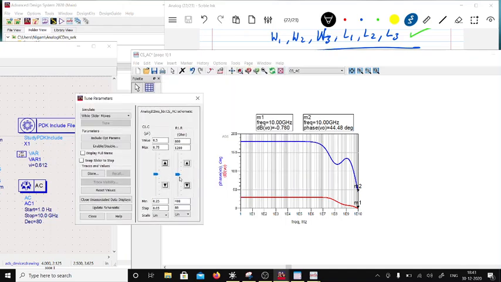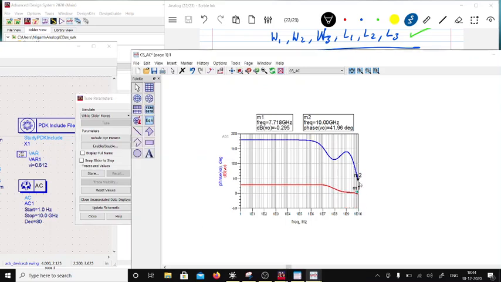So if I was to increase R, so instead of this marker, I'm going to put another marker.